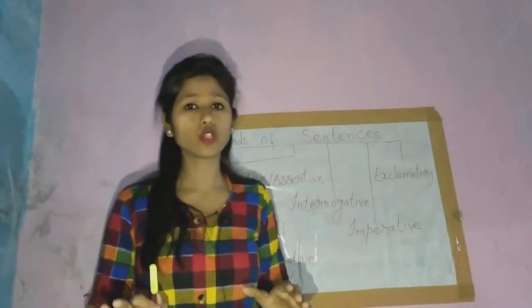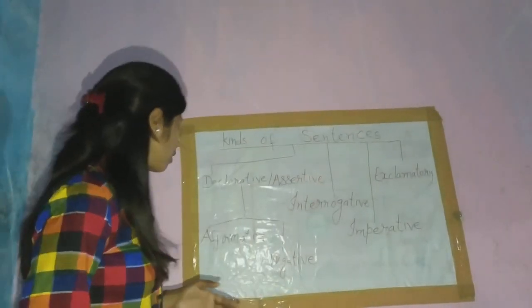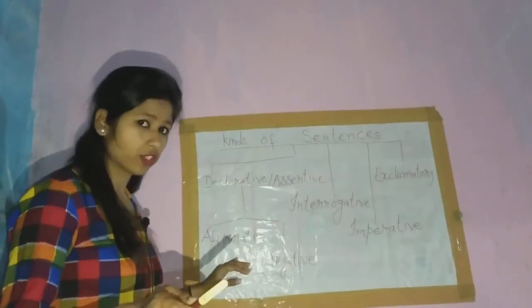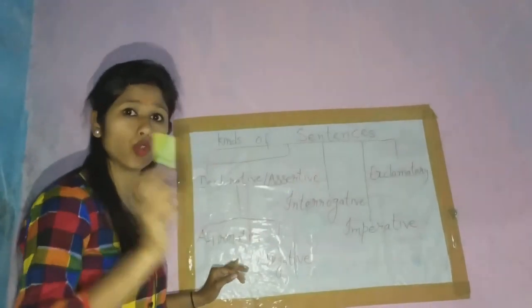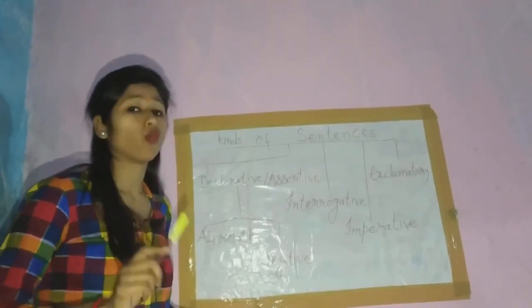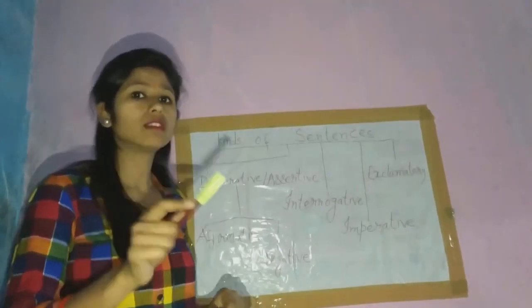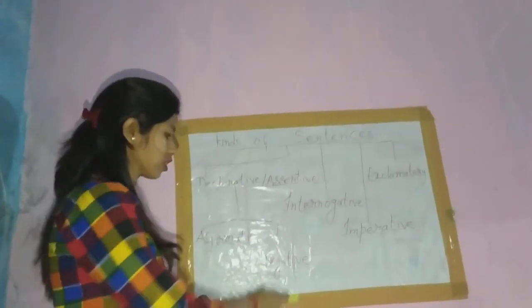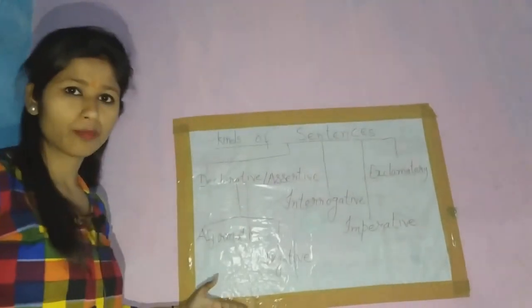I hope you have understood the difference between them. I'm explaining it again. Affirmative means positive, where there is no use of N-O, no, or N-O-T, not. But when you use no or not in a sentence, it becomes a negative sentence.